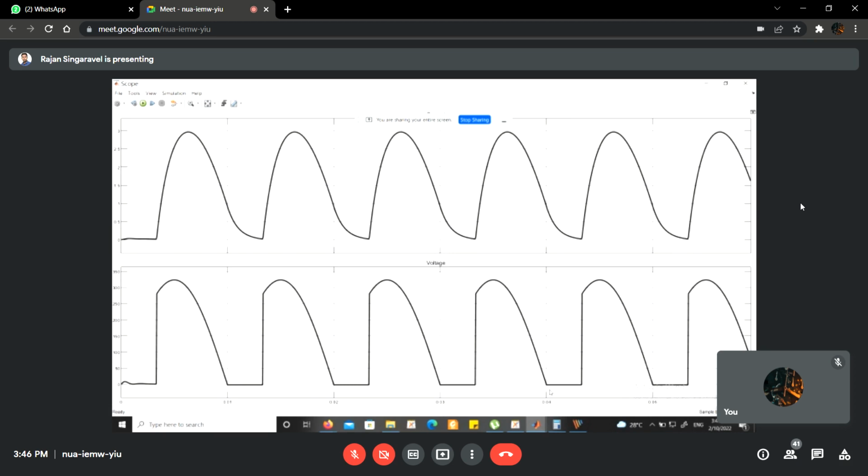Always the power is also positive. The value may be oscillating, but unlike your full converter, the power is not getting a negative value here. Right? The power is always positive. It means that the semi-converter can work only in the first quadrant.